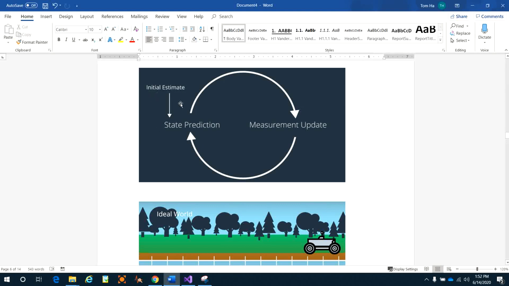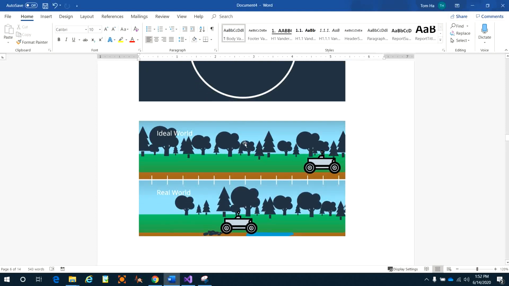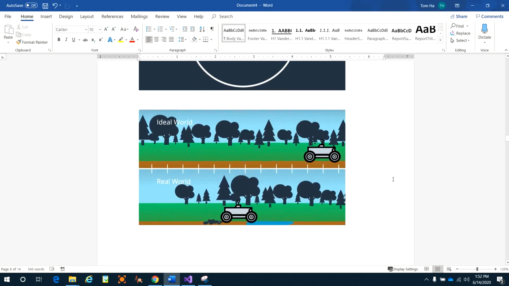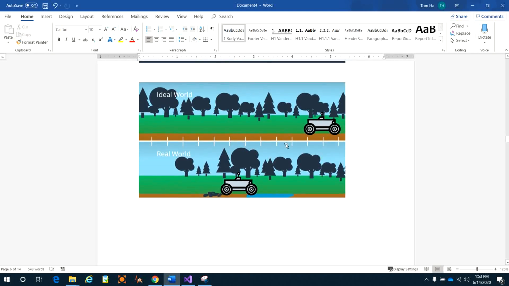From the initial estimation, maybe something is really wrong, but after the measurement it will quickly give you the correct data. So for mobile robots, this is a really good application for the Kalman filter, because mobile robots have non-linear motion, so we have to use this method to get the correct localization of the mobile robot.